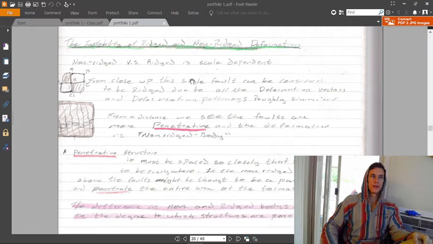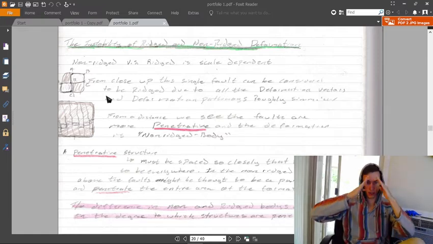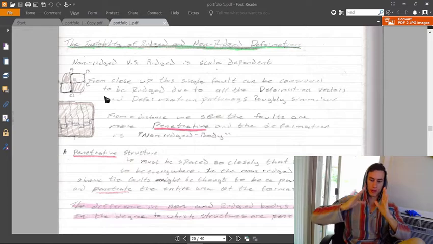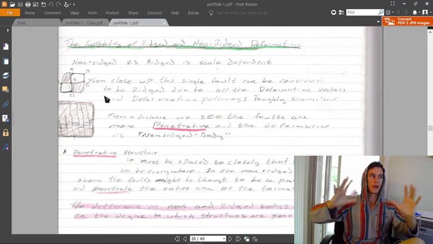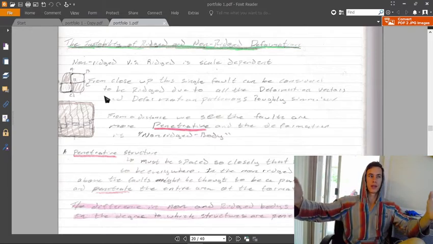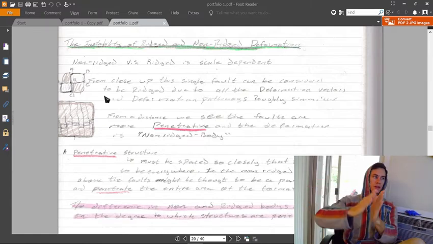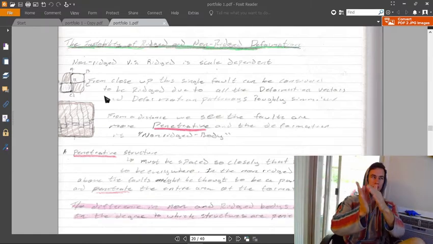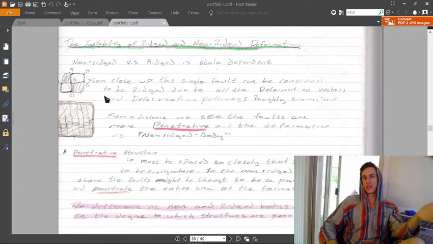So from close up, this single fault can be considered to be rigid due to all of the deformation vectors and the deformation pathways. That's saying if you're looking at something really close up and everything's just kind of shifted a little bit, then it's like, oh, this is rigid. But if you zoom way out to a macro scale, like over an entire field, then those rigid deformities kind of change a little bit, and it would look non-rigid.